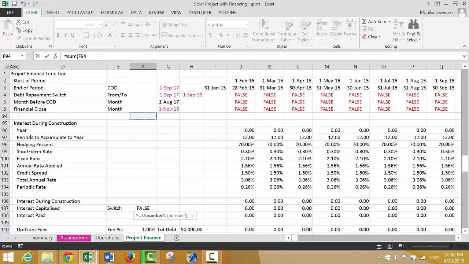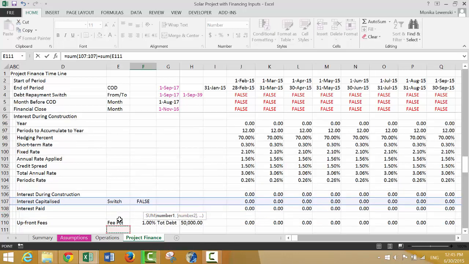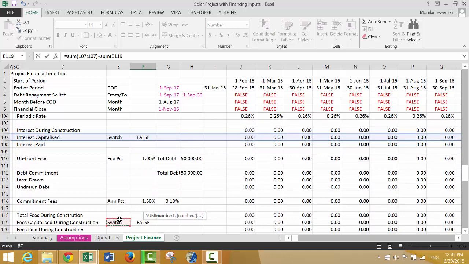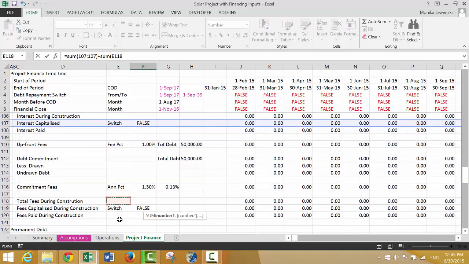We can put the sum of the interest capitalized. A little bit afraid. If that's true, it won't add the one. So maybe I'm happy that it doesn't add the false here. Plus the fees capitalized.